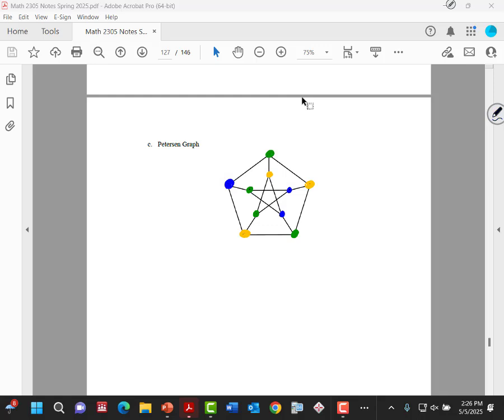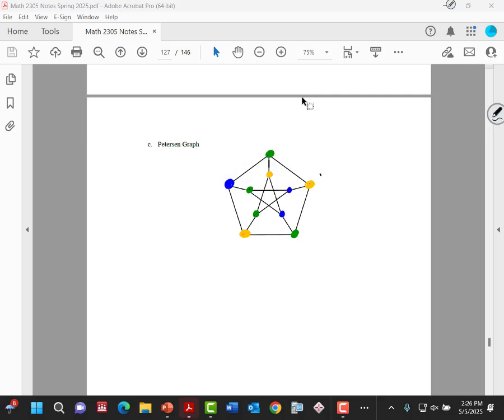Switch to black. If I just call this V1, green to blue to orange, and that's okay that I'm going to orange twice, I'm just not going to a green. What about a different vertex?